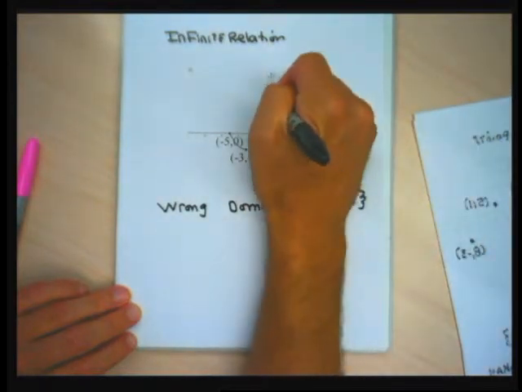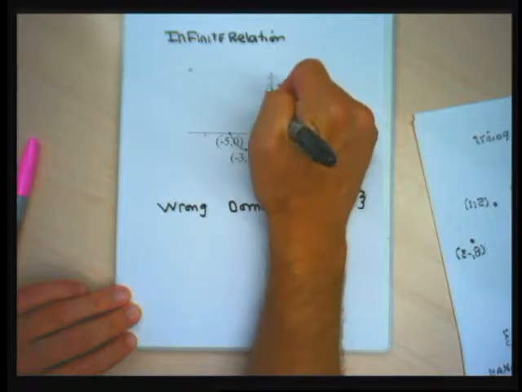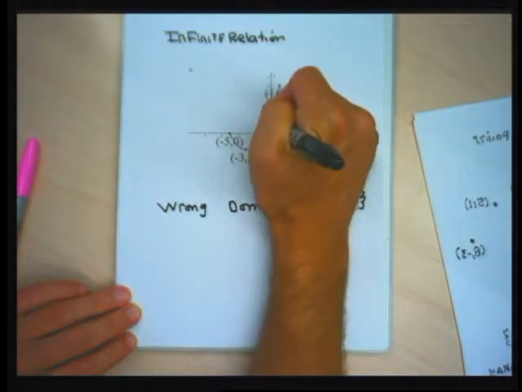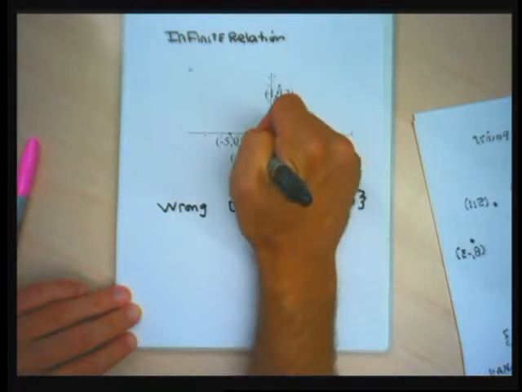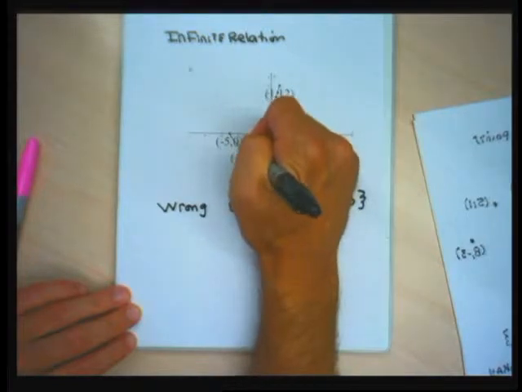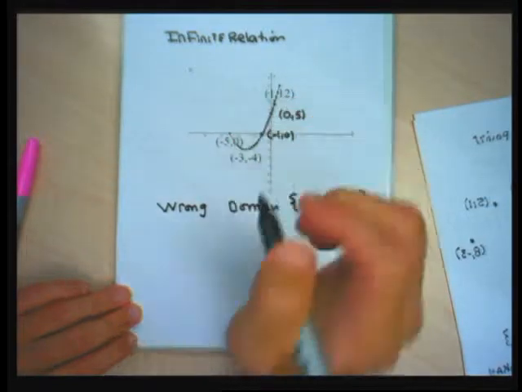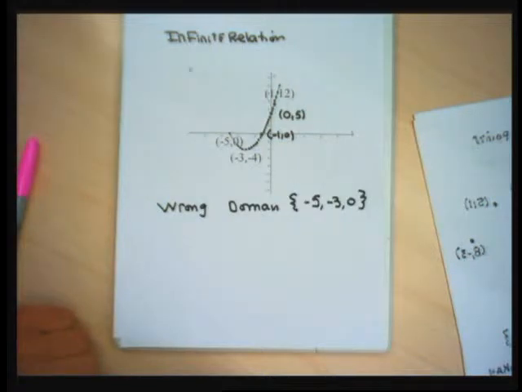And the unfortunate thing is, this is an infinite relation, which means I could make infinitely many dots if I had a smaller pen. So every place I'm making a dot, there's a point, and its x value would need to be part of the domain. So I've written about 40 points.